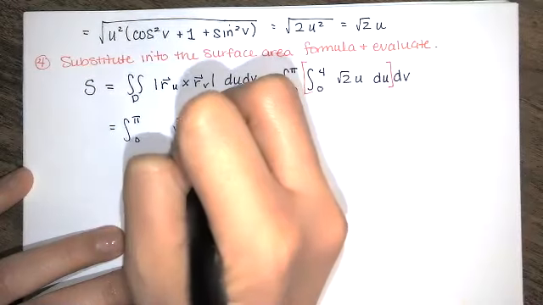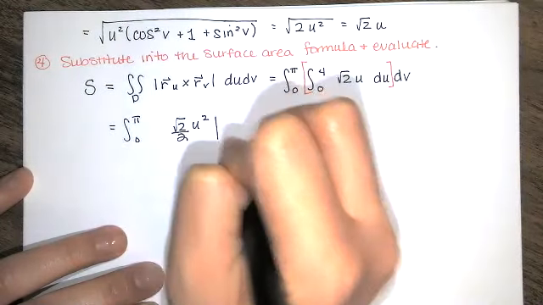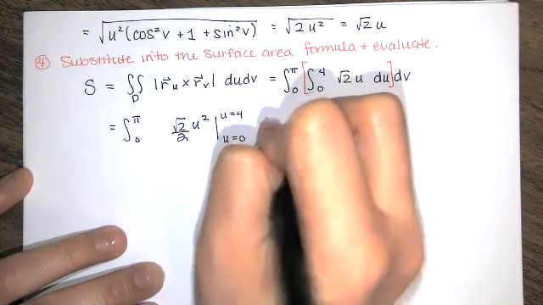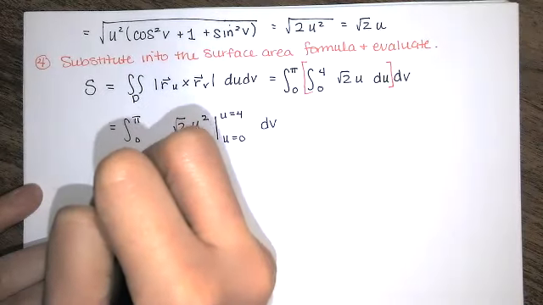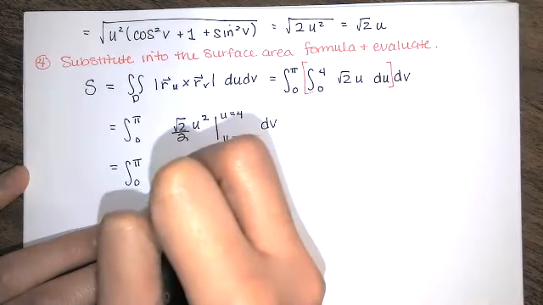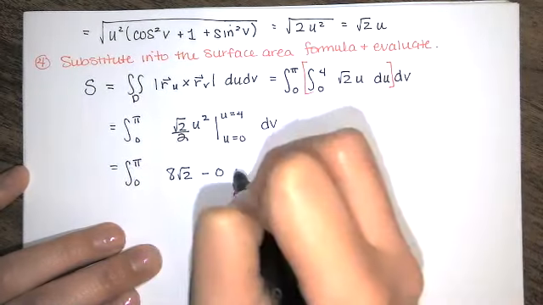The square root of 2 is a constant. So we add 1 to the exponent, divide by the new exponent, substitute in u equals 0 and u equals 4, and subtract. At 4, we've got 16 divided by 2, which is 8. And at u equals 0, we get 0.